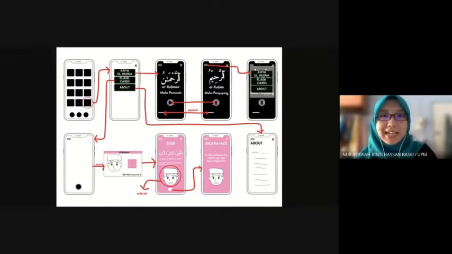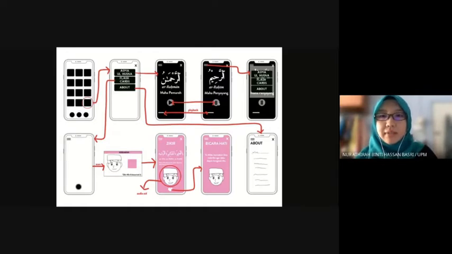Okay, luckily there was one person who sent it like this, so I can show it. Here we can see this student's application. The main interface of his application has Asmaul Husna, flashcard, and about. After the user clicks Asmaul Husna, it will go to this interface, and then once the user clicks on play, it will go to another word of Asmaul Husna.